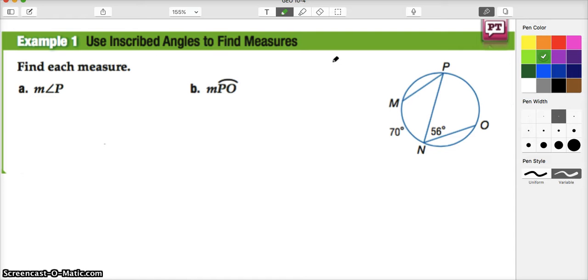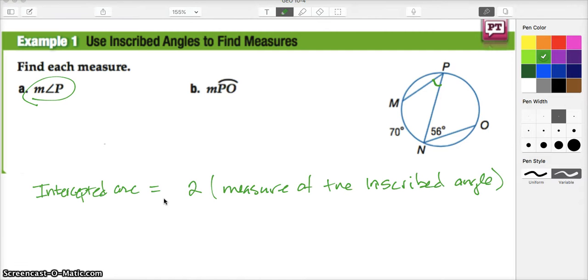Here we are, example 1. We've got a couple of inscribed angles and we have some information. The first thing they ask us is to find the measure of angle P. Angle P is out here, but we know the measure of the intercepted arc is 70 degrees. We remember that the intercepted arc is equal to 2 times the measure of the inscribed angle.